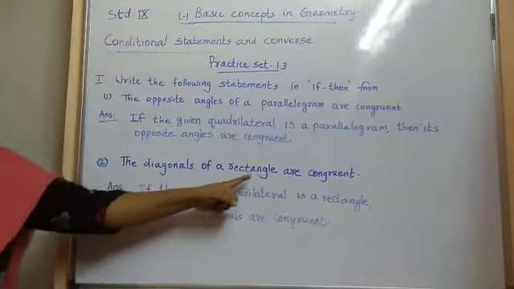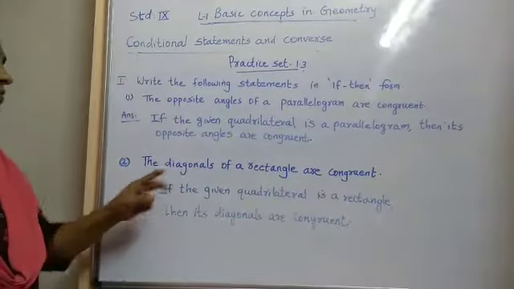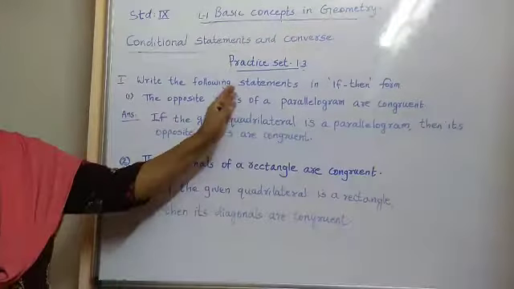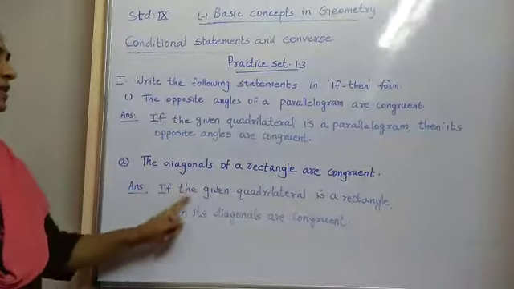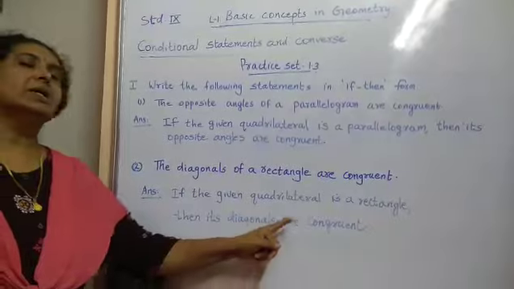So when we convert this statement in if-then form: if the given quadrilateral is a rectangle, then its diagonals are congruent.